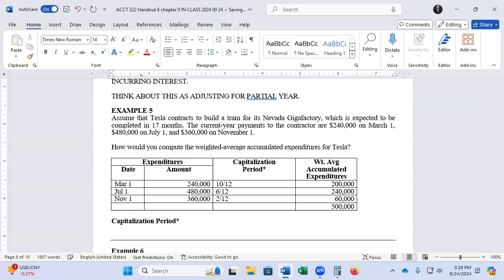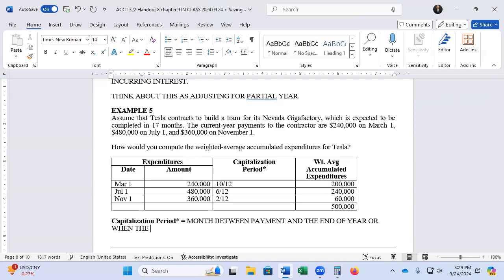And so the capitalization period is equal to the months between payment and the end of year, or when the asset is put into service or sold, whichever is first.